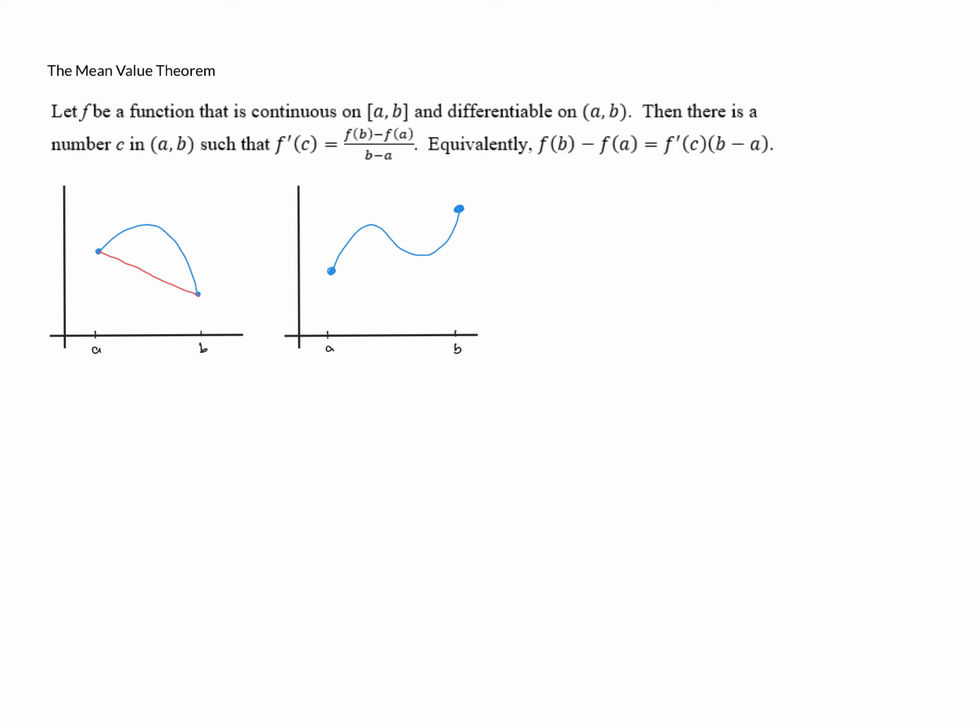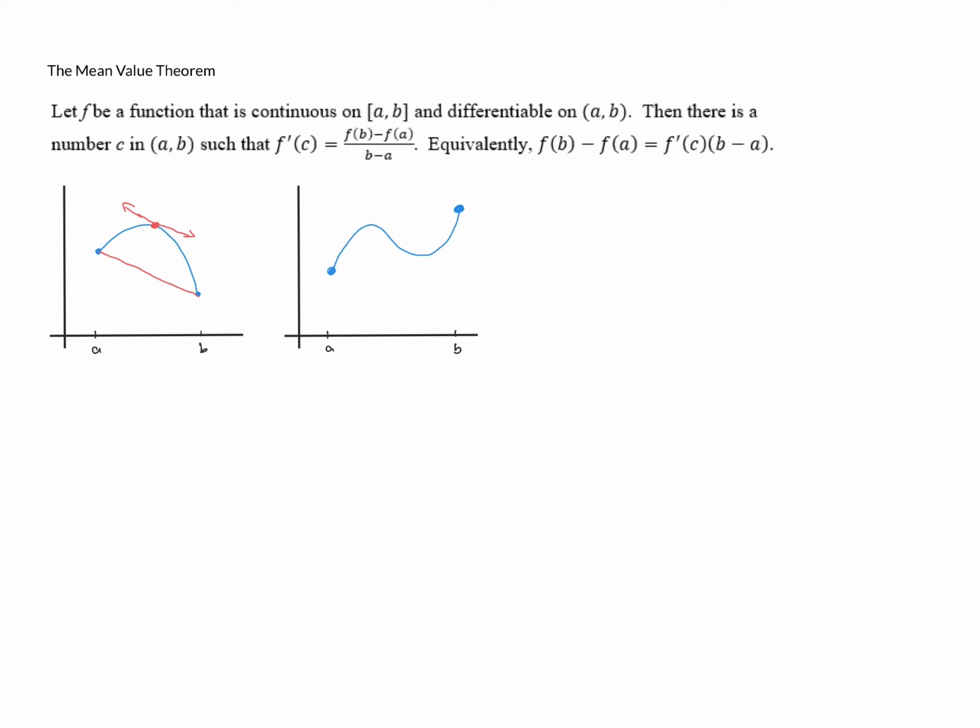So that means the derivative is equal to that slope, but the derivative is the same as the slope of the tangent line. So this says that somewhere in here, we're going to have a tangent line that is parallel to the secant line between those points.